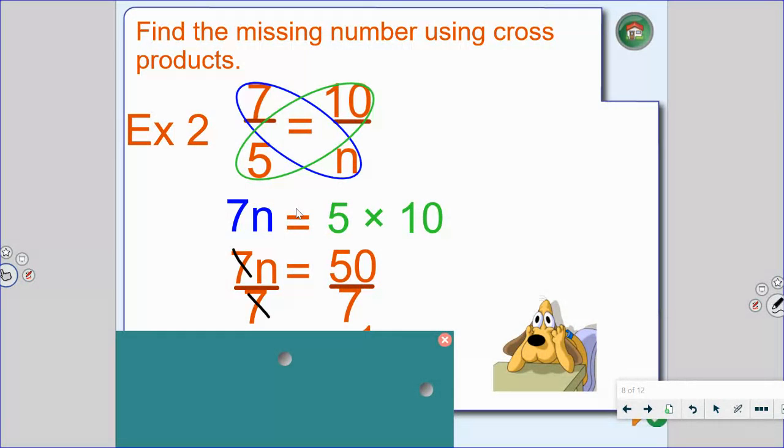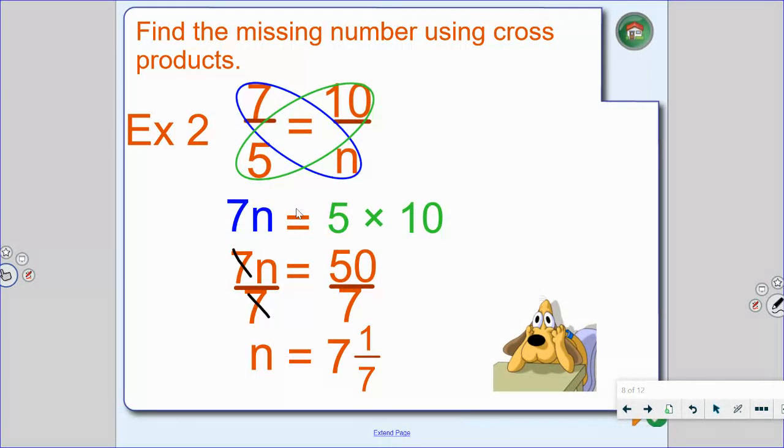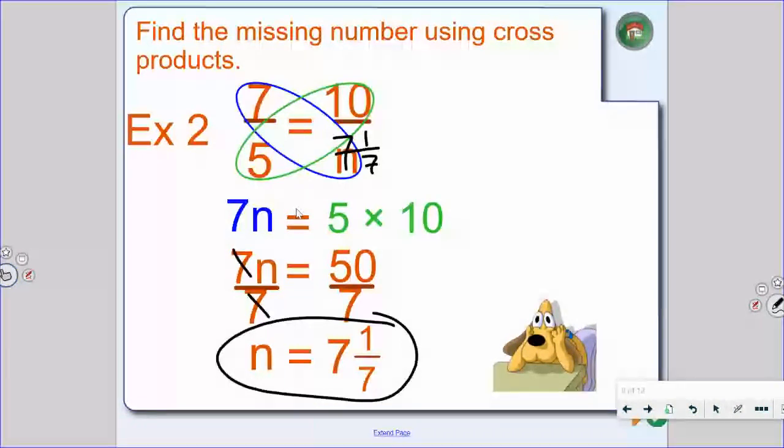And in that case, that would leave us with 1n equals 50 sevenths. 50 sevenths in simplest form, 7 wholes and 1/7. If you go back and look at your number sense, 7 is a little larger than 5, 10 is a little larger than 7 1/7, so you can kind of see that the relationship is maintained. And yes, not every answer is going to be a nice, pretty integer. It's not always going to be that way.